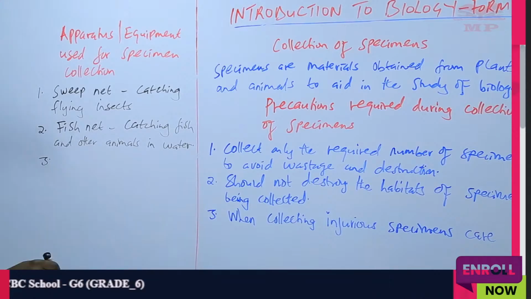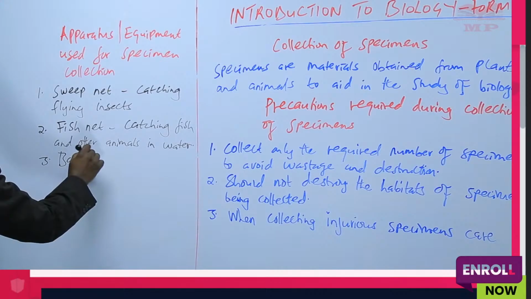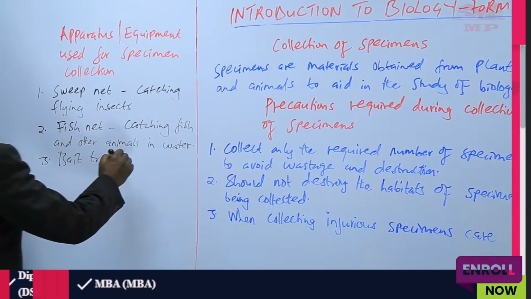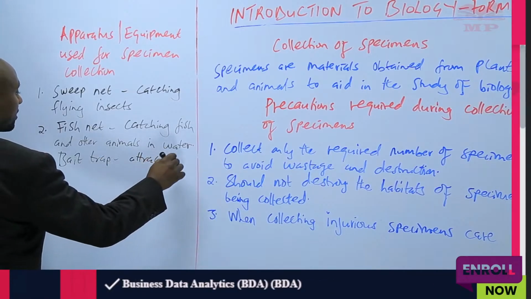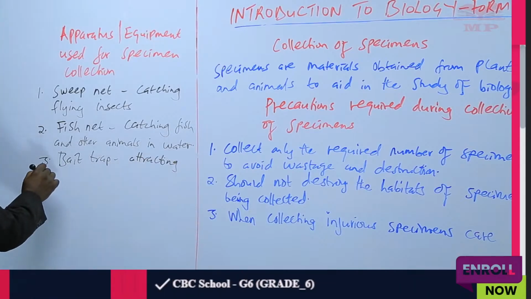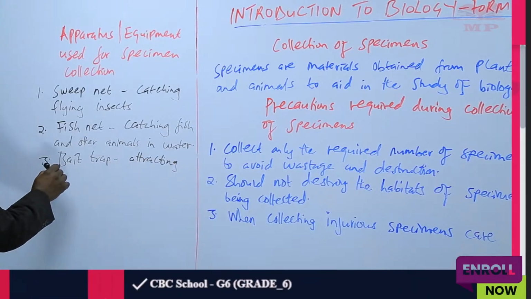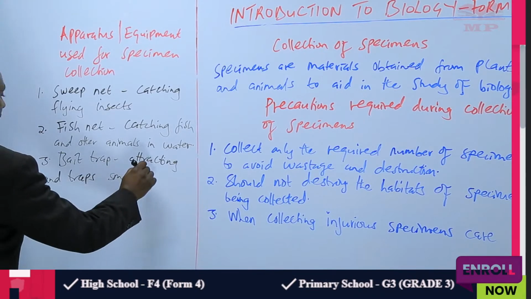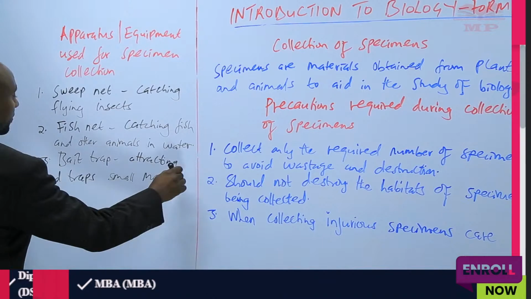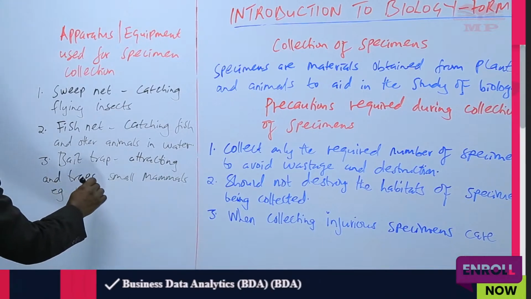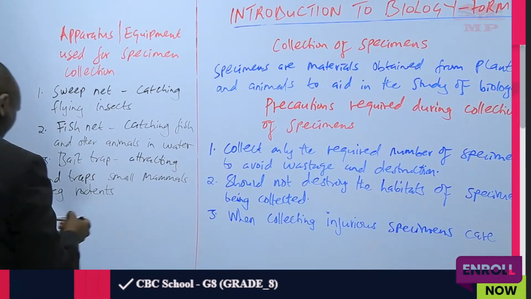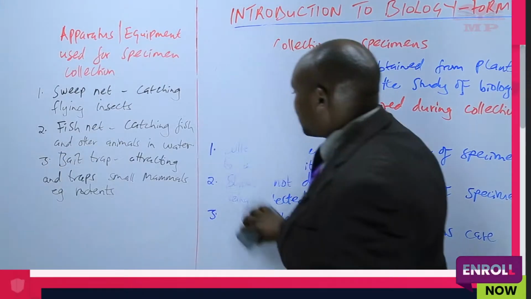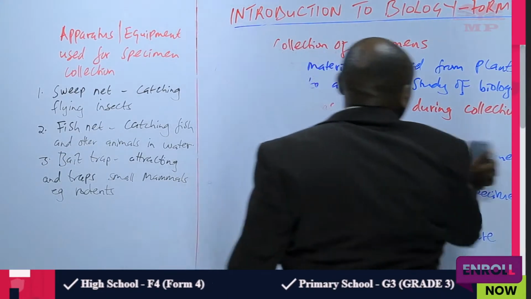We have the bait trap. This one is for attracting and trapping small mammals, e.g. rodents, such as the rats and the mice. We use the bait trap, whereby the bait attracts them and then they are caught by the trap.